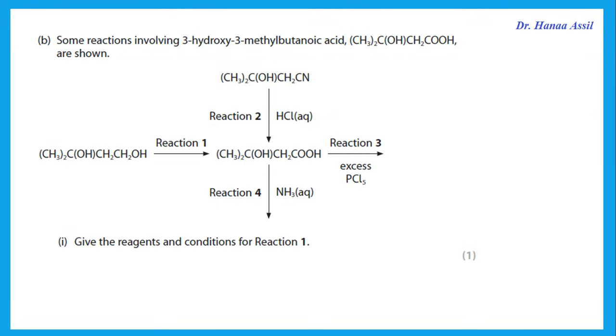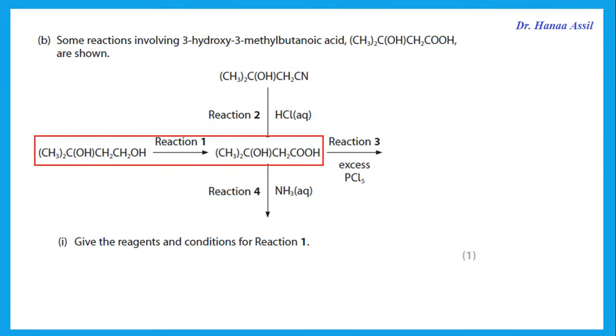Some reactions involving 3-hydroxy-3-methylbutanoic acid are shown, and please notice the direction of the arrows in these kinds of schemes. Give the reagents and conditions for reaction 1. So where is reaction 1? This is reaction 1, in which we're changing the alcohol on the end into an acid, but we're not changing the OH in the middle.